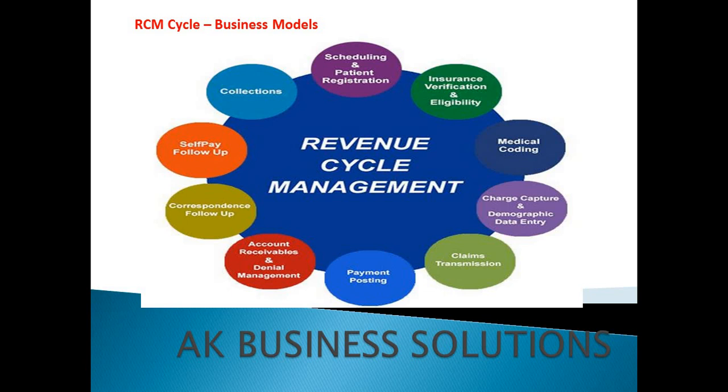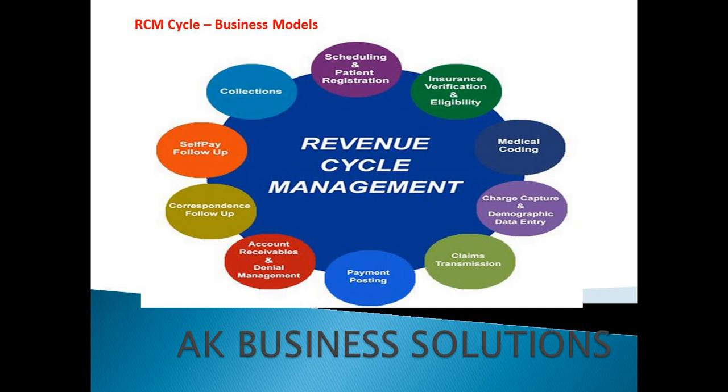For all the paid claims, EOBs are received through fax by the provider, and they are also downloaded through an insurance portal. The payment posting team is the team which posts all these ERAs and EFTs into the PMS, the practice management system.